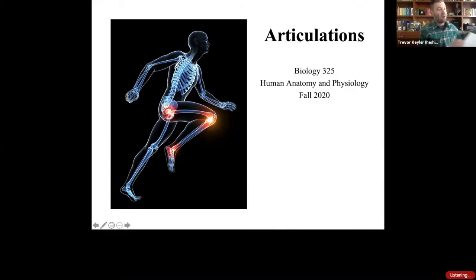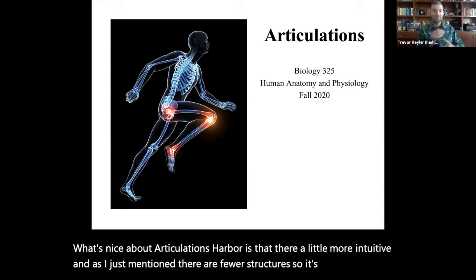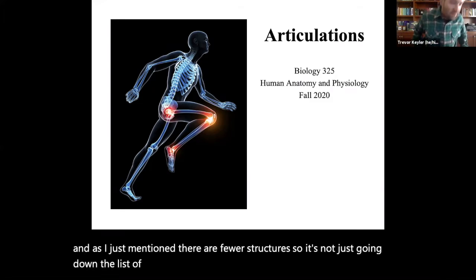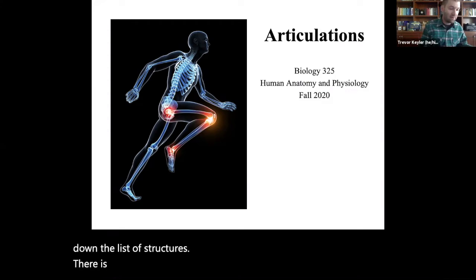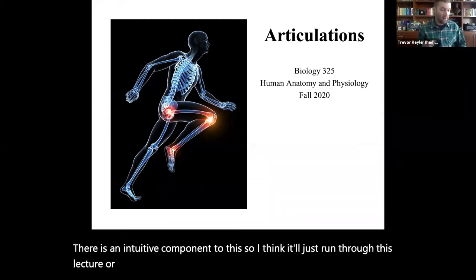What's nice about articulations, however, is that they're a little more intuitive. And as I just mentioned, there are fewer structures. So it's not just going down a list of structures. There is an intuitive component to this. So I think if you run through this lecture or this recording a couple times, I think it'll really help.